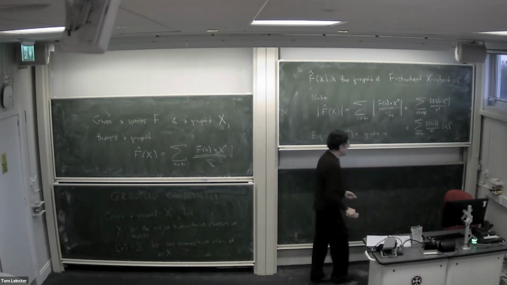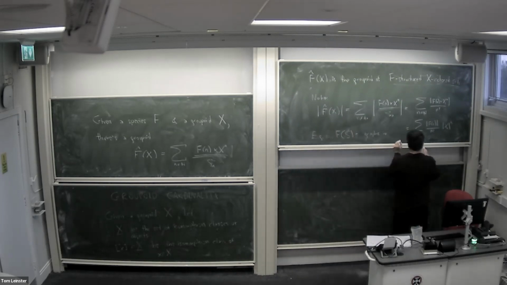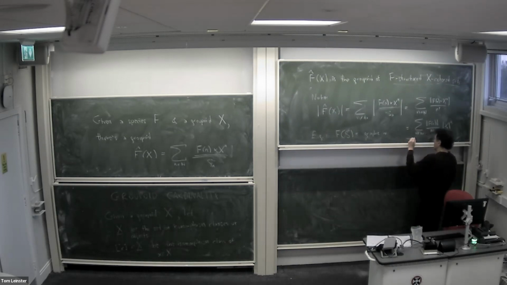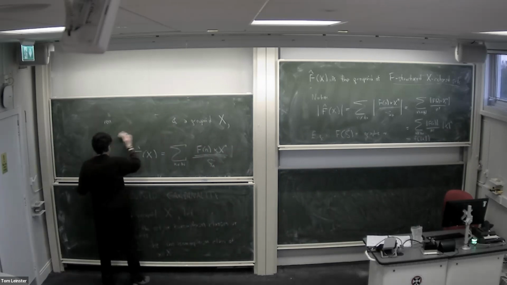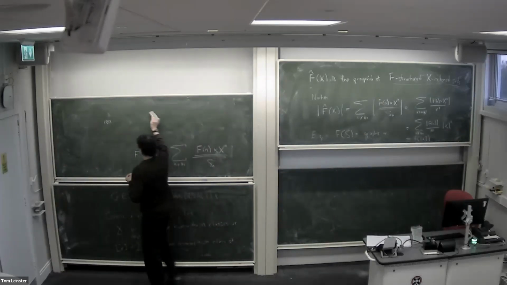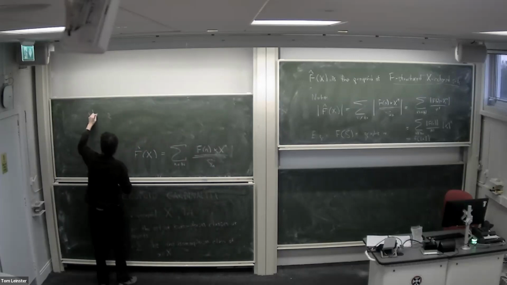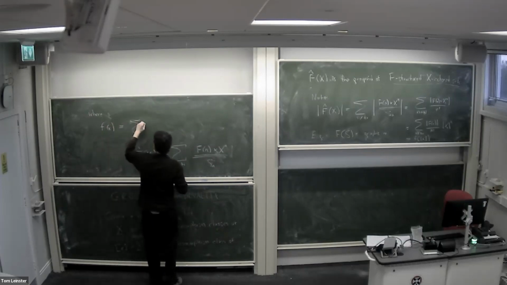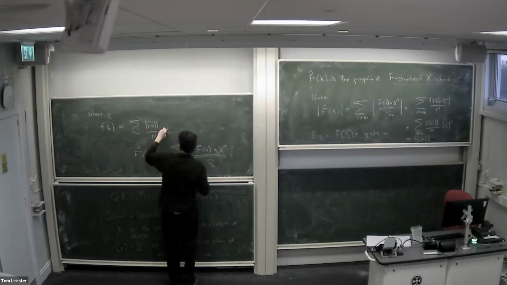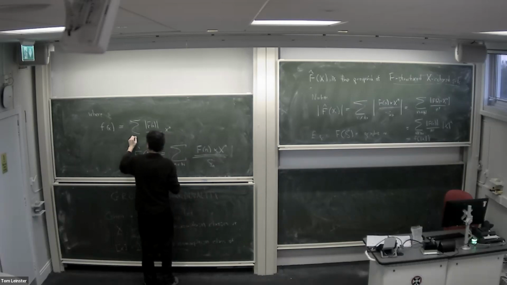So it's really just applying some function, which maybe I'll call lowercase f, to the cardinality of x, where this function is given by a power series, and it's called the generating function. So f is this power series here, assuming it all converges.